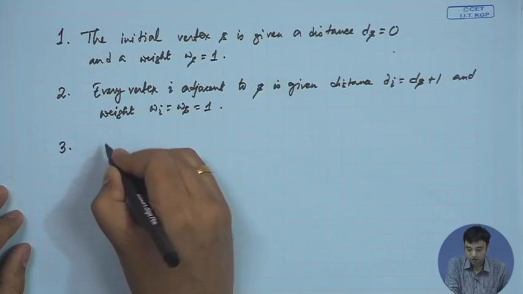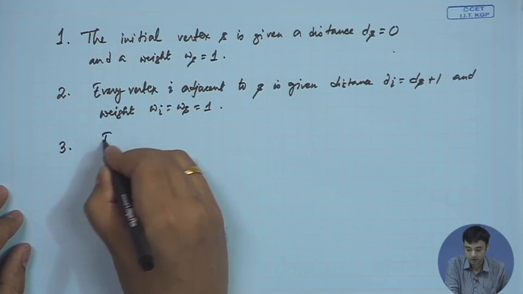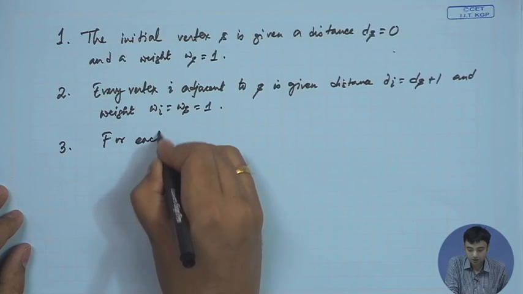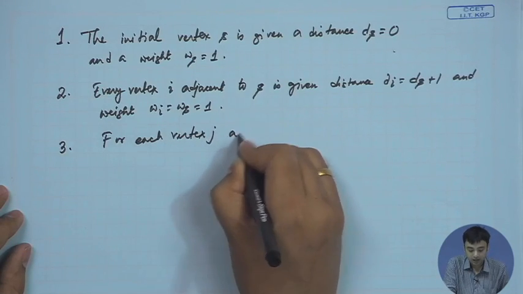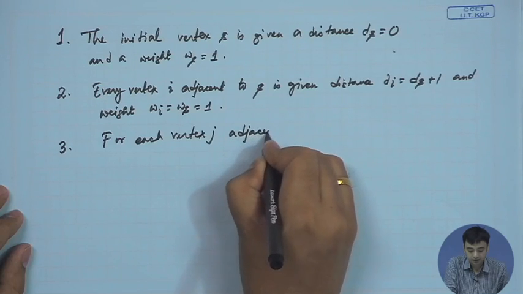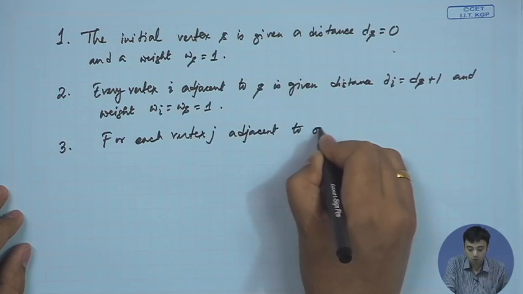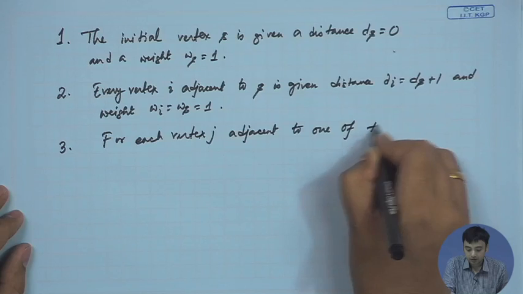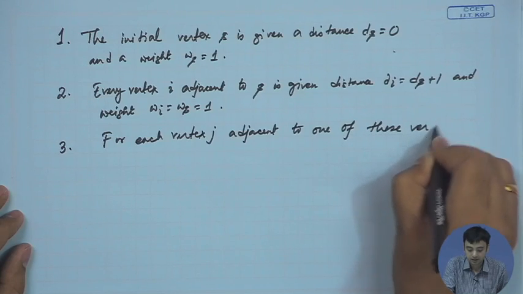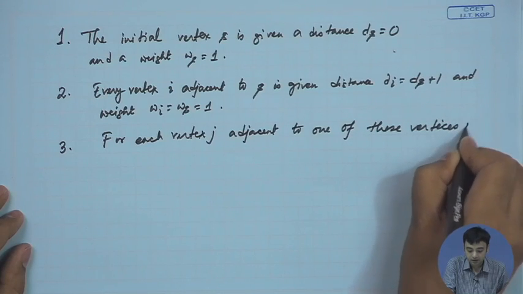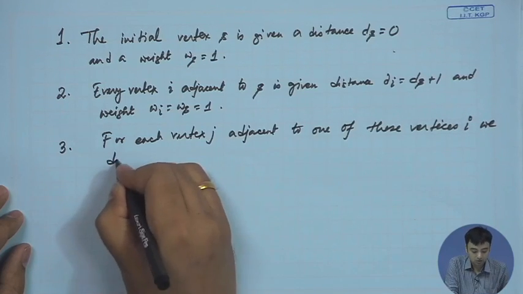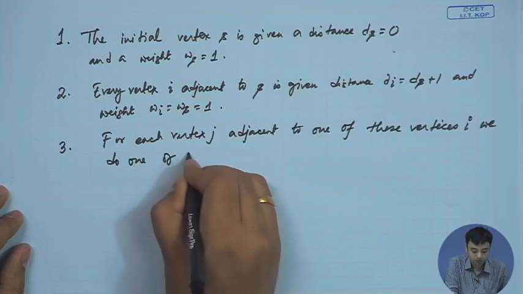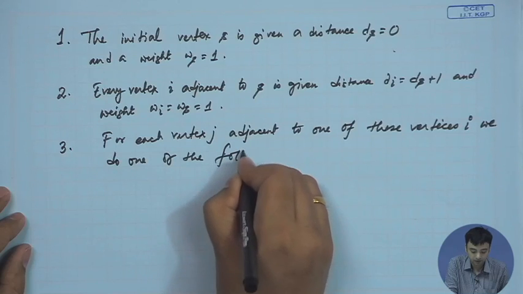Then comes the most important step. For each vertex j adjacent to one of these vertices i, we do one of the following.